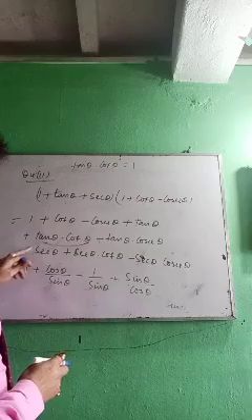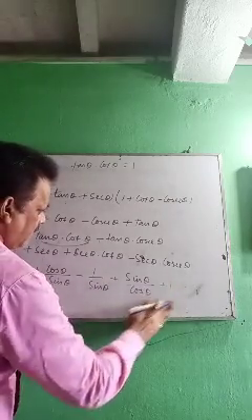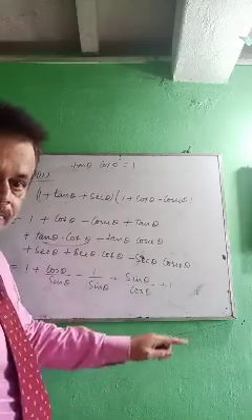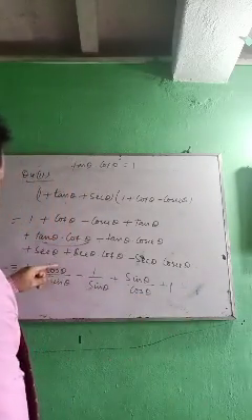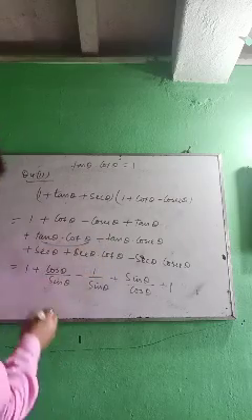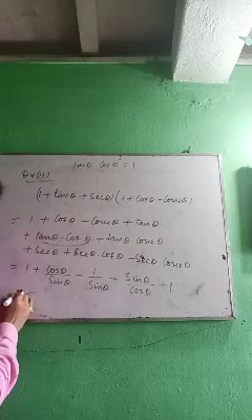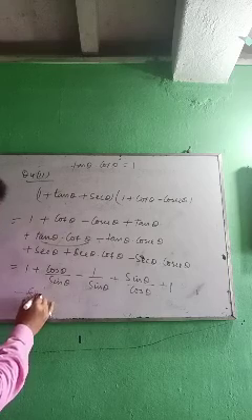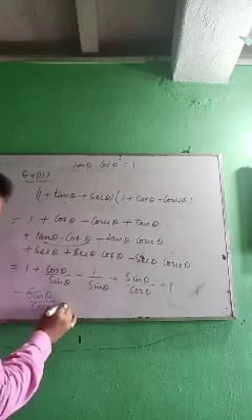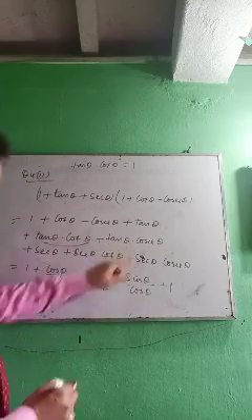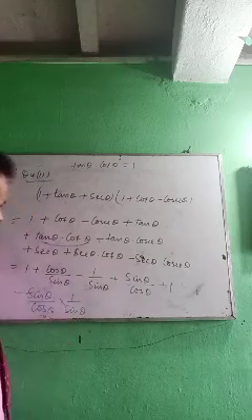So what you have to do is, this will be 1 plus 1, then minus tan theta, which is minus sin theta by cos theta, into cosec, which is 1 by sin theta.